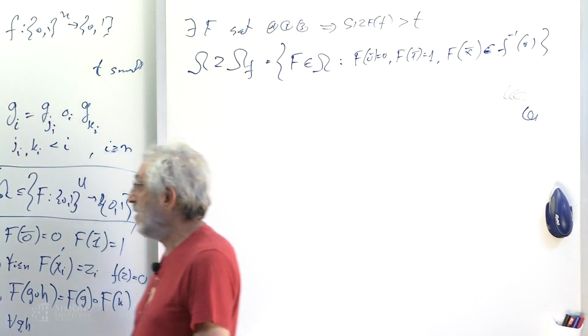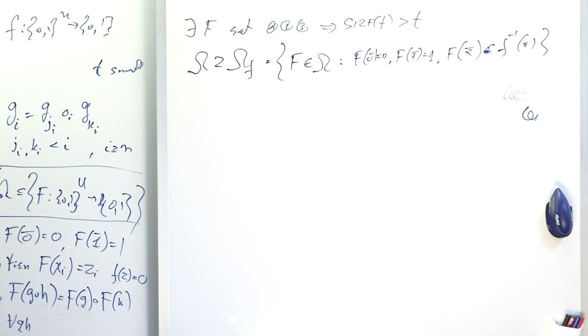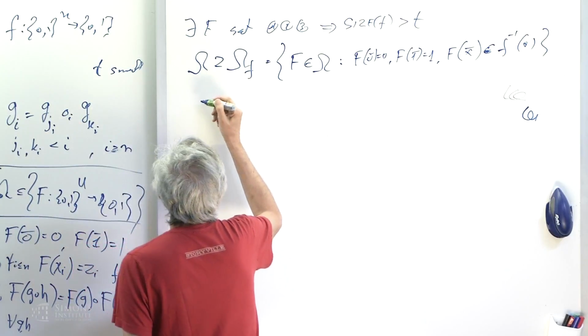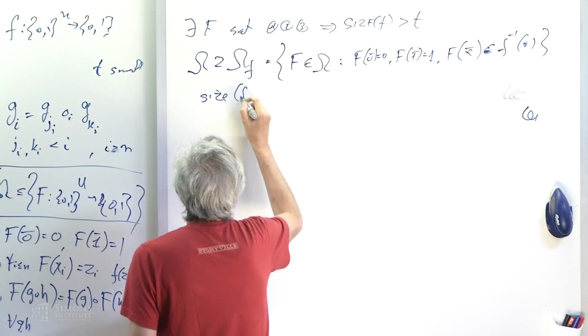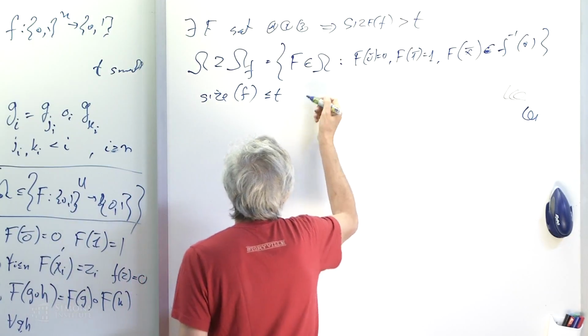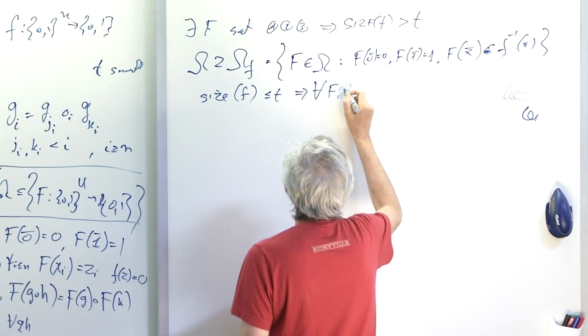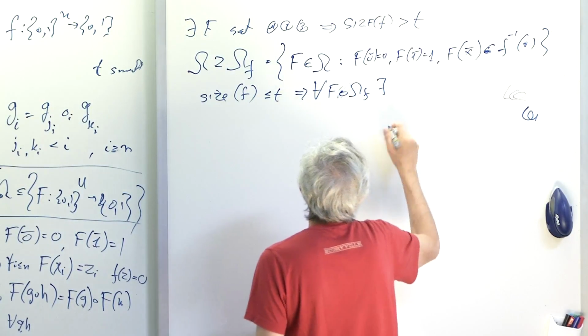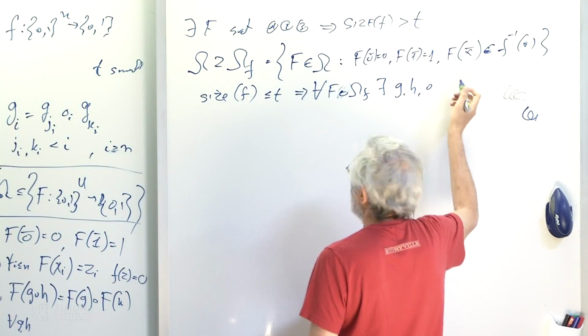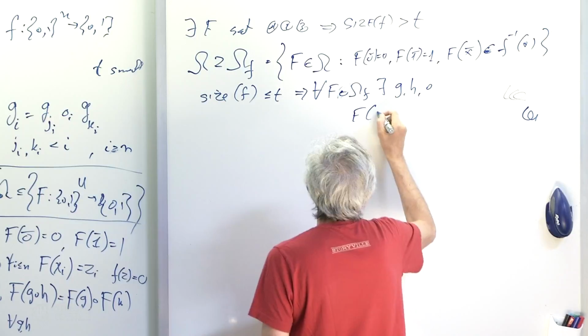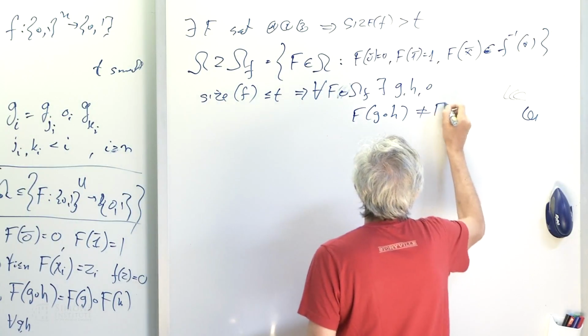Now, if there was really a circuit of size t computing it, then the third condition should be violated for every f. In other words, the set of tests here should cover this space of f's. We must have that if the size of f is at most t, then for every f in omega f, there exists g, h, and a legal operation such that f of g, h is different than f.